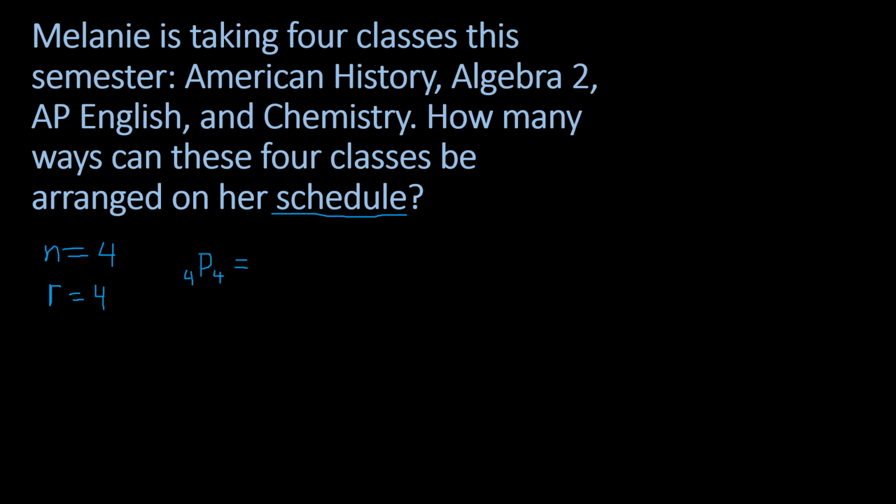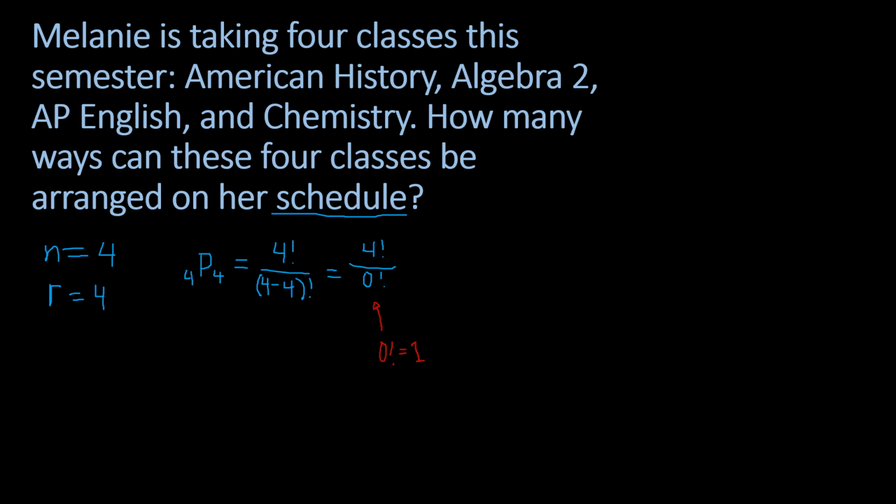So using our formula, we have 4 factorial over 4 minus 4 factorial. All right, so we simplify. 4 factorial over 4 minus 4 is 0. Okay, now you might want to make a note. 0 factorial, I know when you see 0 anything, you want to just assume it's 0. 0 factorial is 1.